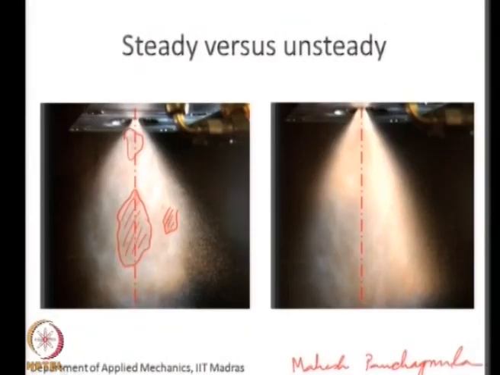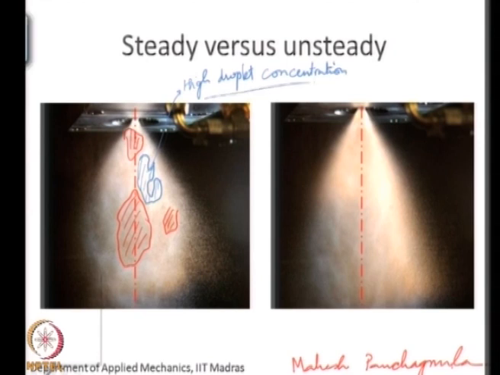So, when I see a region that is dark in comparison to another region that is more bright, if I look at this red hatched region versus the blue hatched region, this is a region of high droplet concentration on the surface, and this in turn is a region of low droplet concentration.